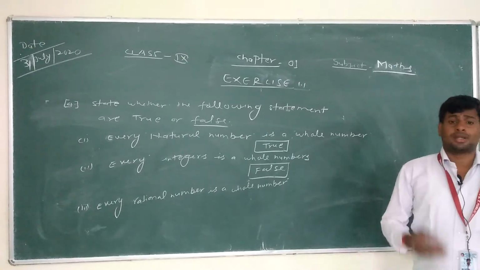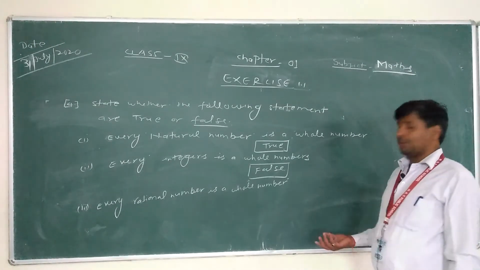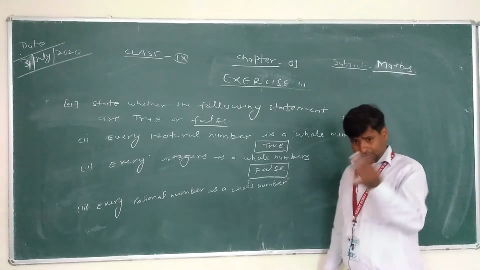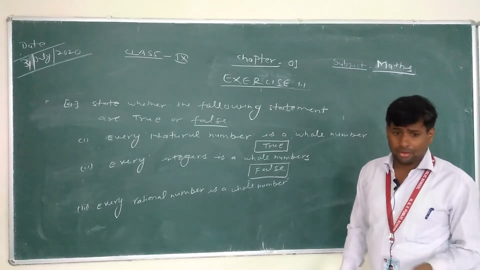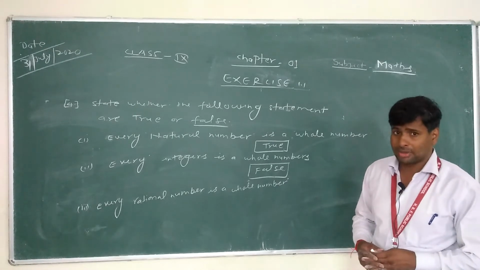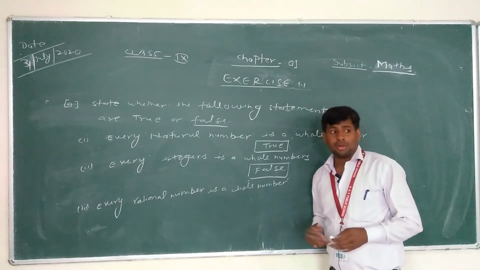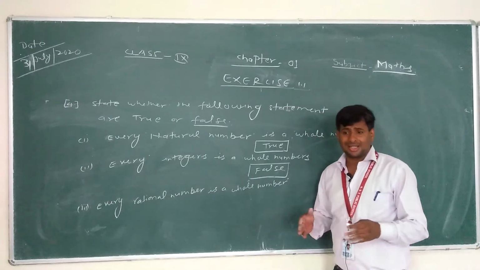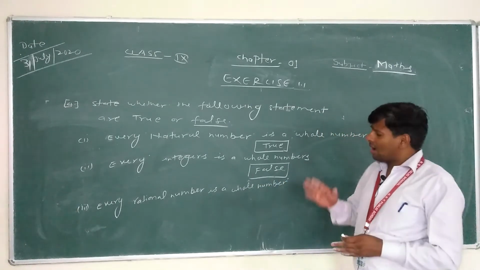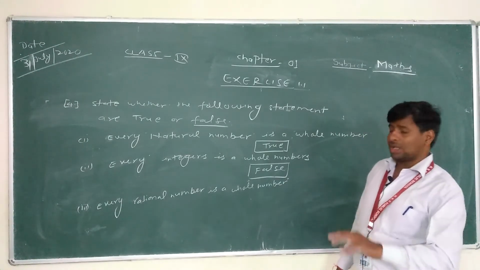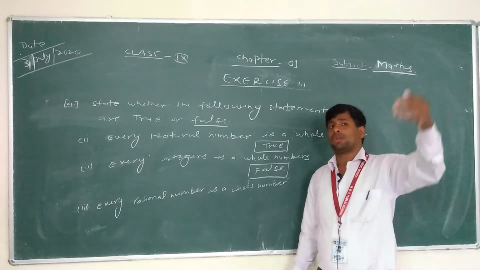A rational number is any number that can be written in the form p by q, like 1 by 2, 1 by 3, 1 by 4; all these are rational numbers. But 1 by 2, 1 by 3, 1 by 4, 1 by 6, 2 by 5, 2 by 3 are not whole numbers. Because what is a whole number? The collection of natural numbers with 0, like 0, 1, 2, 3, 4, 5, 6.